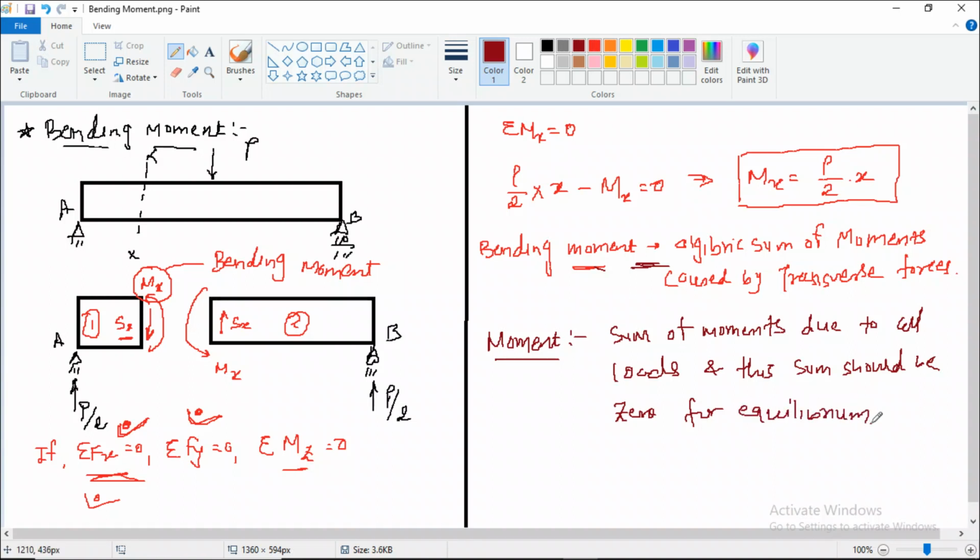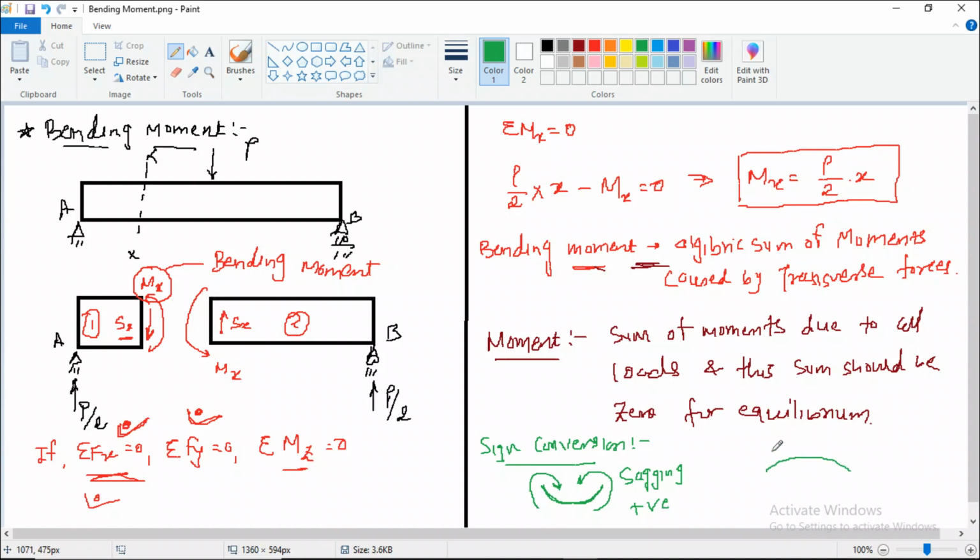So this is regarding the bending moment. And one more thing, we need to take the sign conventions. Sagging bending moment we take positive, so this type of behavior, if it is there, this type of moment, this is called sagging, we take it as positive.